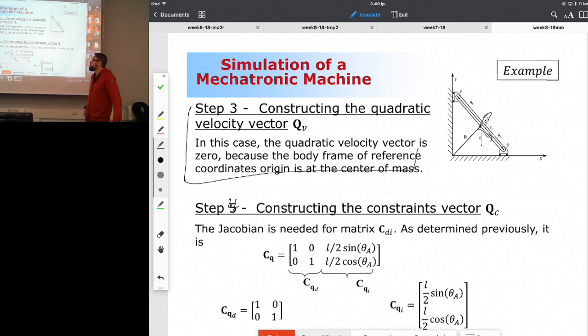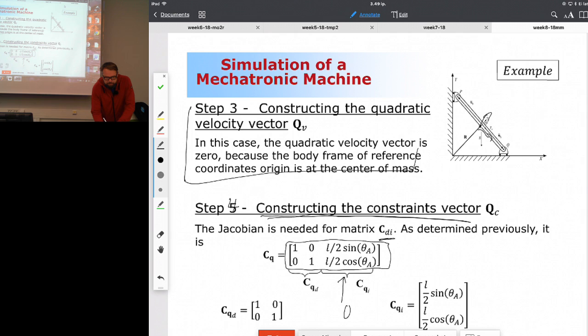The constraint equations. Constraint vector, QC, and the Jacobian matrix. I think this title is supposed to be different because I'm already looking at the CD matrix here. So I'm taking the Jacobian matrix of the system, that one. You can take a look at your notes from 2 weeks back, and I'm using the coordinate partitioning here. I'm selecting theta to be my independent coordinates. The rest will be dependent coordinates.